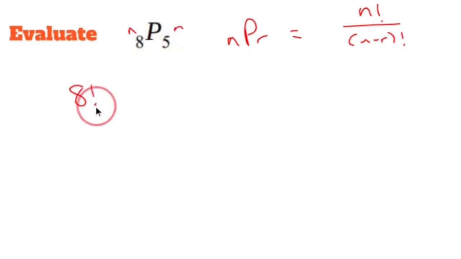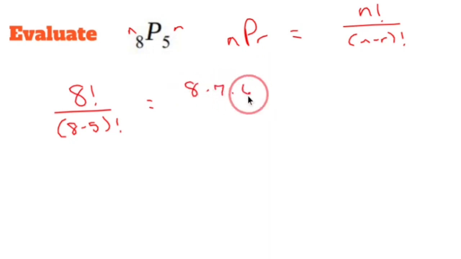So I have 8 factorial over (8 minus 5) factorial. Remember, factorial means you start out with that number and you multiply one integer less until you hit 1. So 8 times 7 times 6 times 5 times 4 times 3 times 2 times an unnecessary 1.